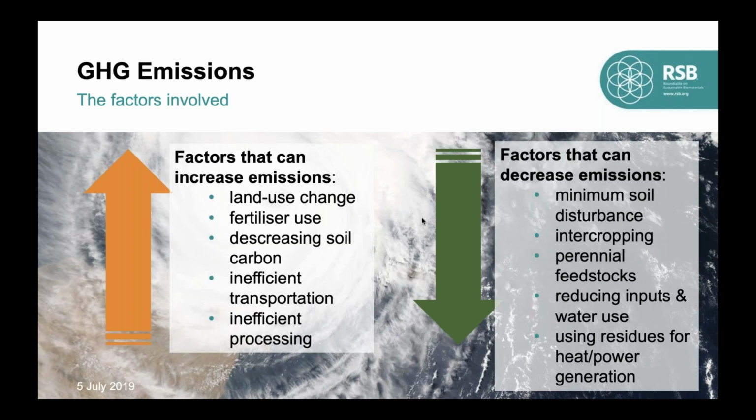And of course, there are factors that can decrease your greenhouse gas emissions. So, for example, minimum soil disturbance, having a low-till agricultural system, perennial feedstocks, which create a longer-term store of carbon and have a reduced effect on soil disturbance, and then reducing your agricultural inputs and your overall energy consumption along the supply chain.